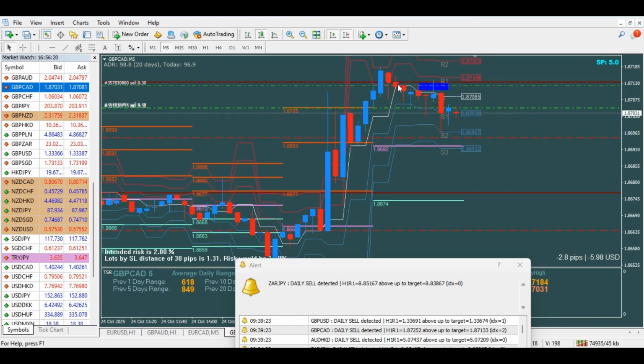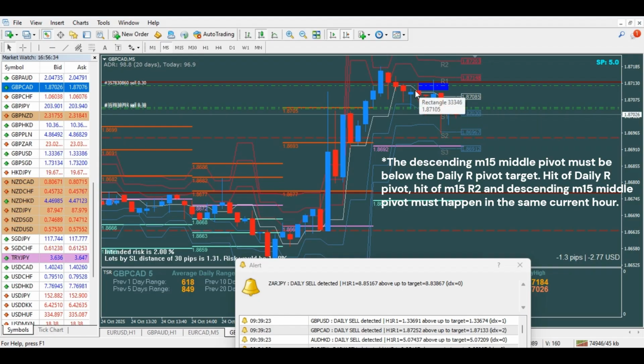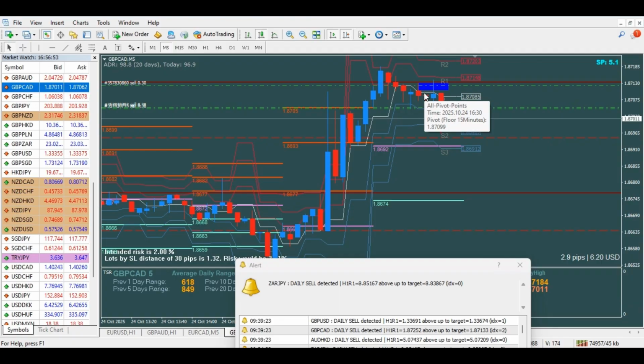It can't just hit the R1, it has to hit the R2 because that's the attempt at exhausting further. And then from there, we just wait for a descending M15 middle pivot. And we get that right here because the middle pivot is considered the average price of the previous period. So if we're seeing that the average price is actually going lower, then that means average prices are decreasing. Average prices are descending.